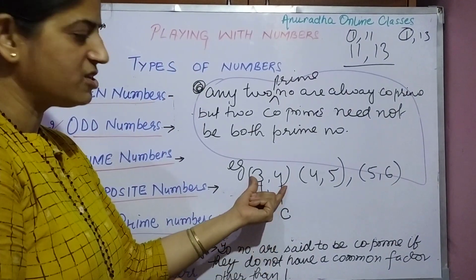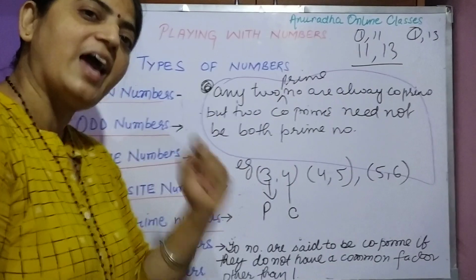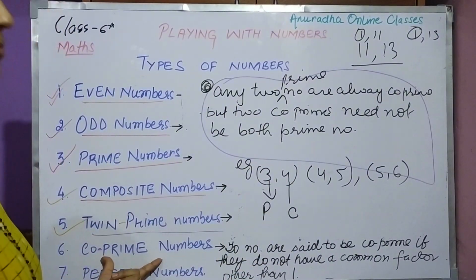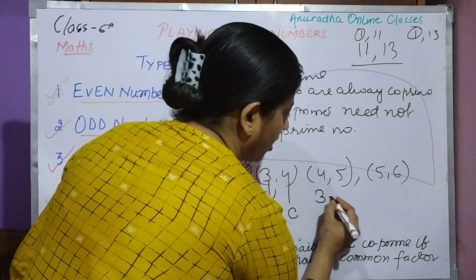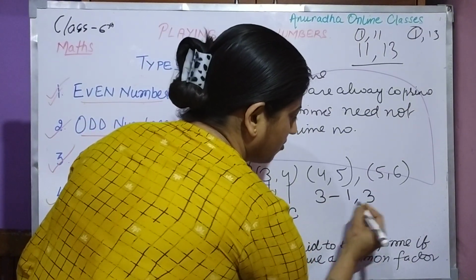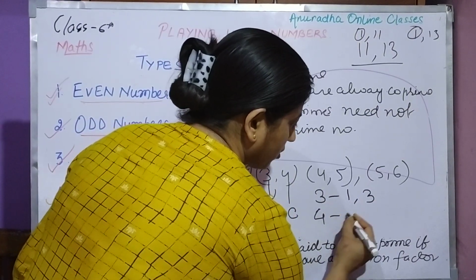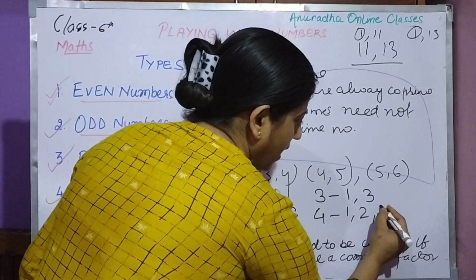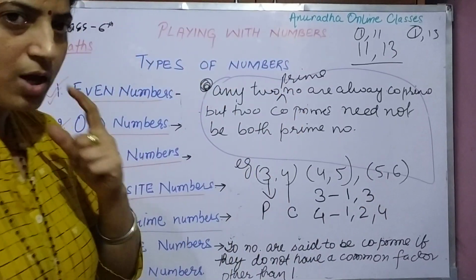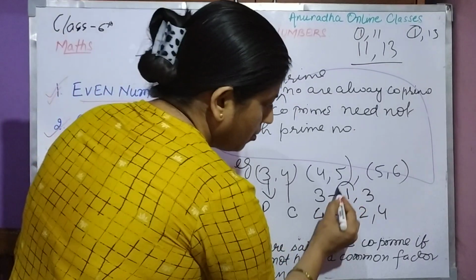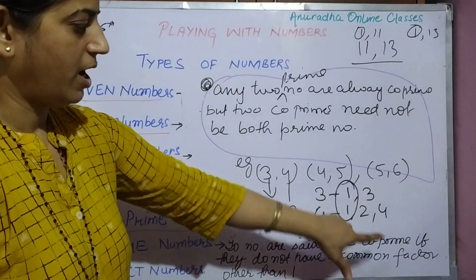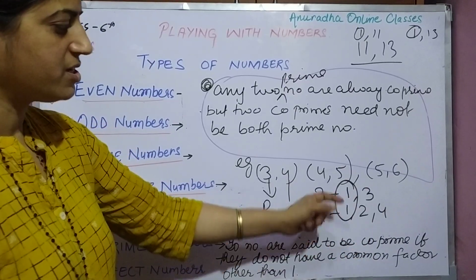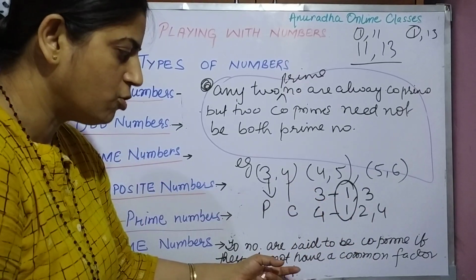But the pair of these two numbers can be co-prime. Why? Now see, what are the factors of 3? 3 के factors क्या हैं? 1 and 3. What are the factors of 4? That is 1, 2 and 4. Now see, what is the common factor? 1 and no other common factor. That means it is following the rule of co-prime numbers.